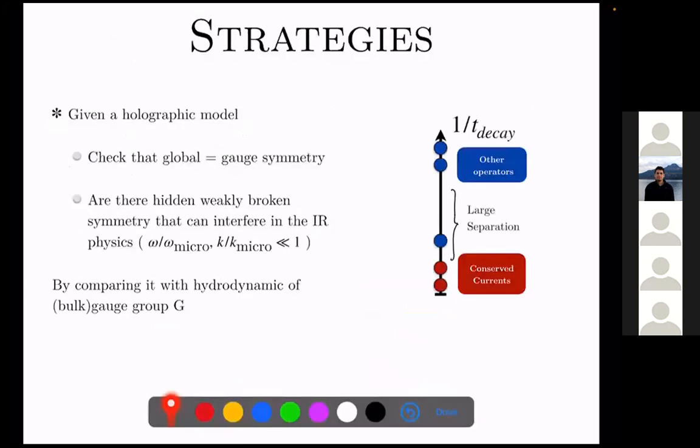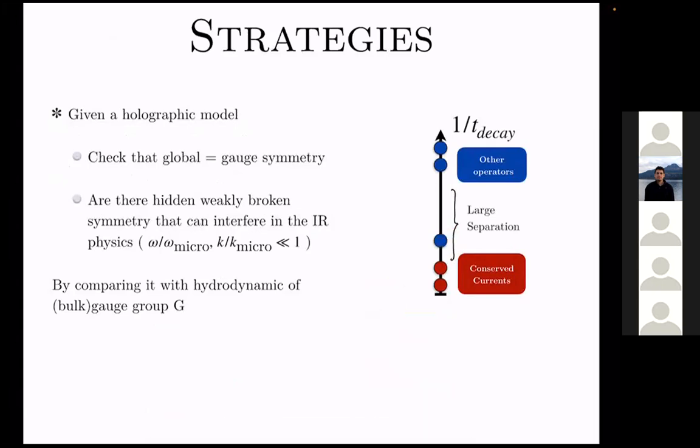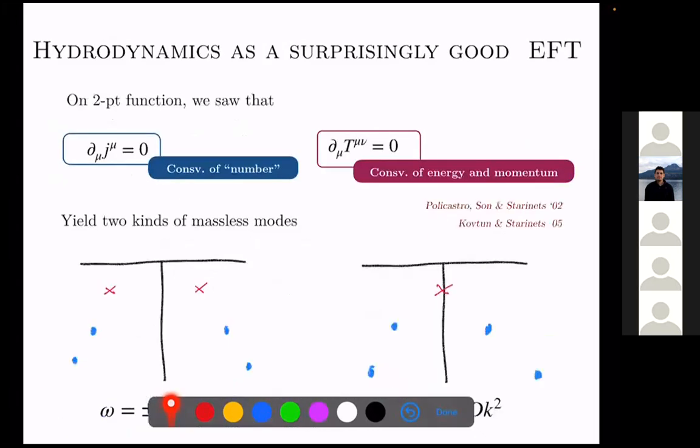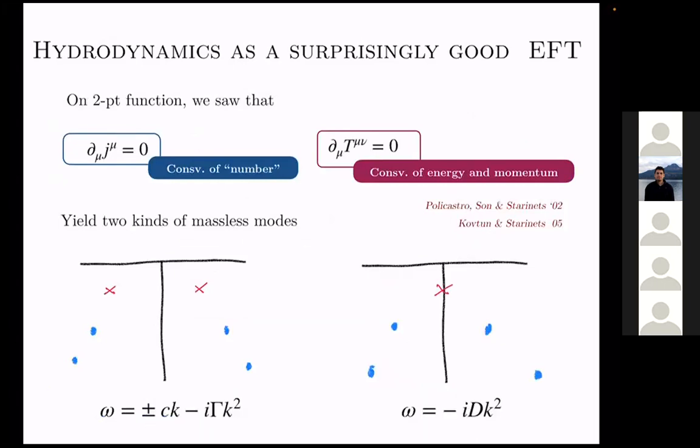If you have other operators that are really broken and interfere with the conserved currents, you can check whether your hydrodynamics behaves like it usually does, or whether you need to include something else to incorporate some effect coming from these other operators. And so this is what one would expect.